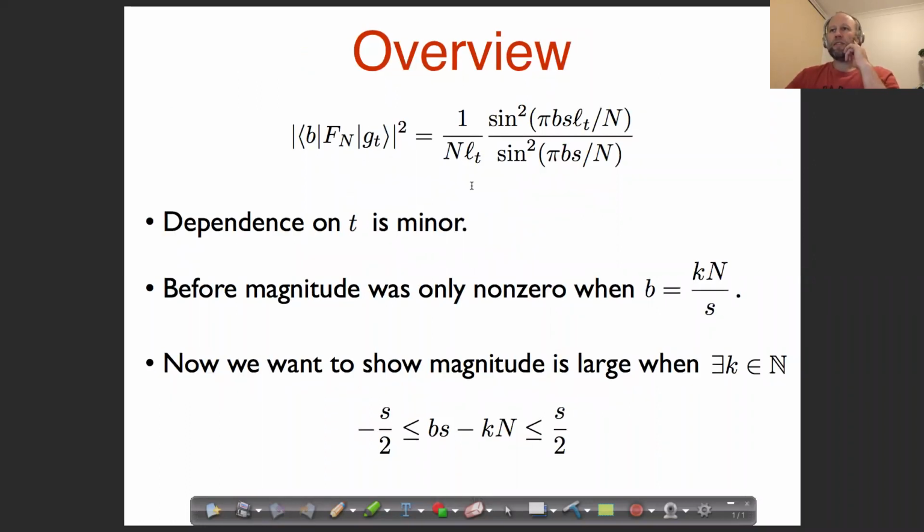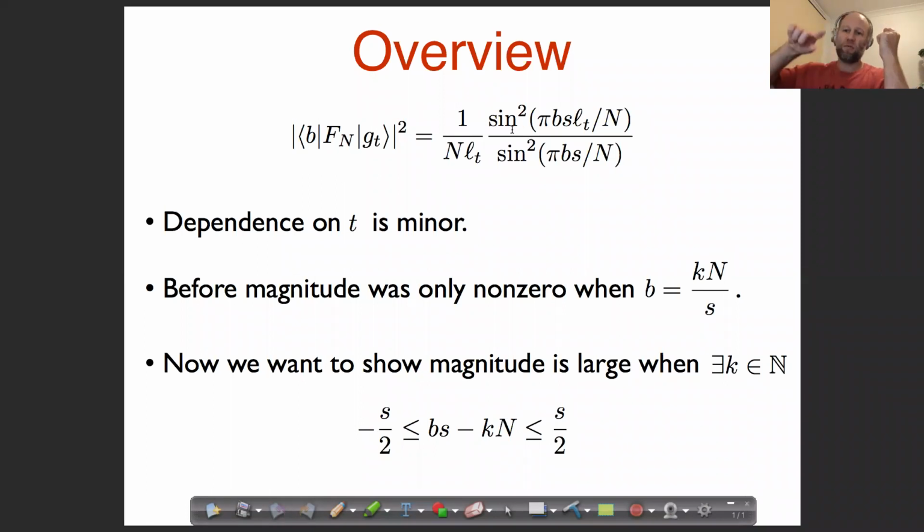Some things to note: there is a dependence on t, but it's relatively minor. Remember that LT is either the floor of n over s or the floor of n over s plus 1, so that doesn't make too big of a difference here or here. Remember before, in the simple period finding case, this magnitude was only non-zero when b was a multiple of n over s.